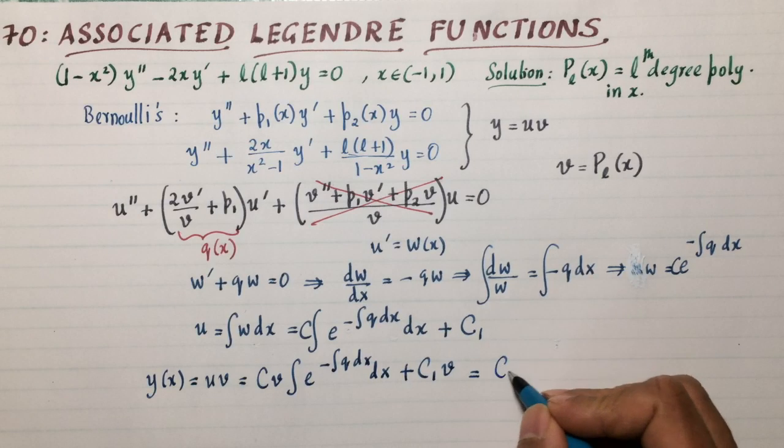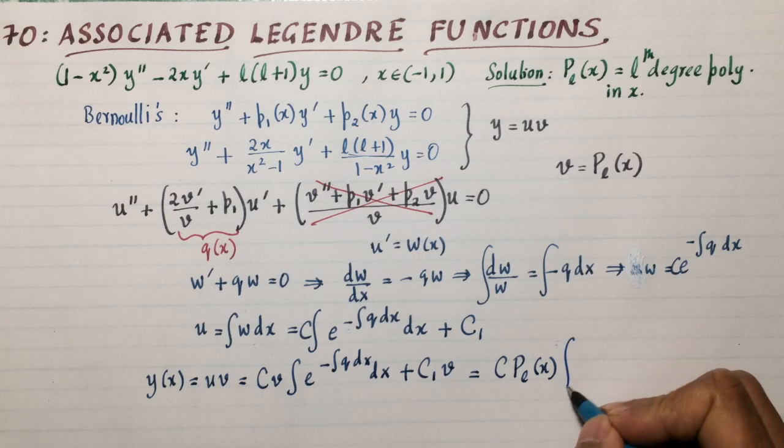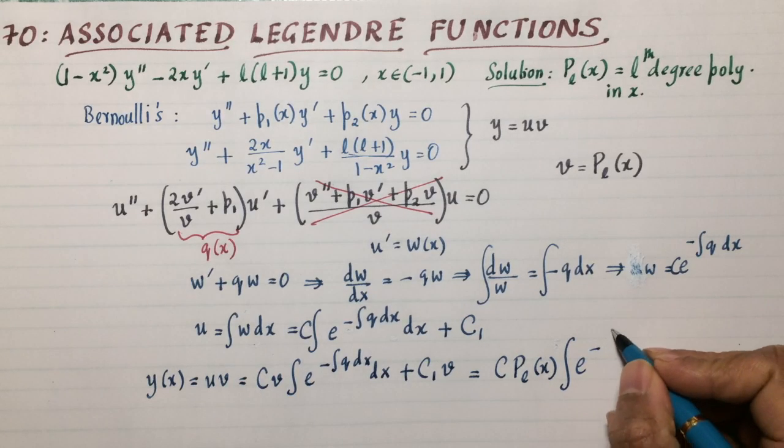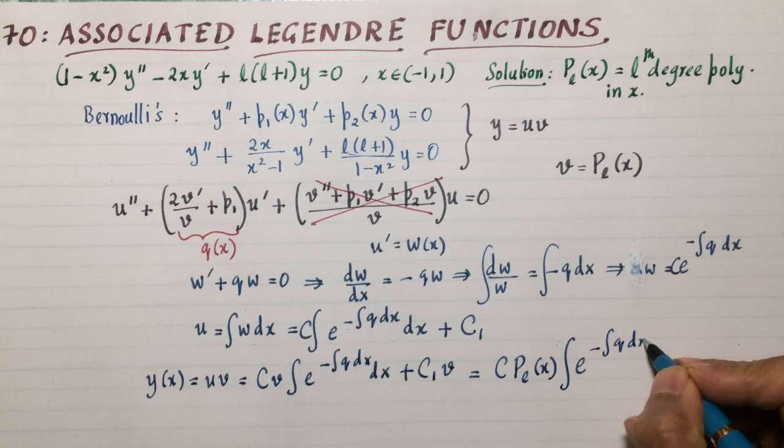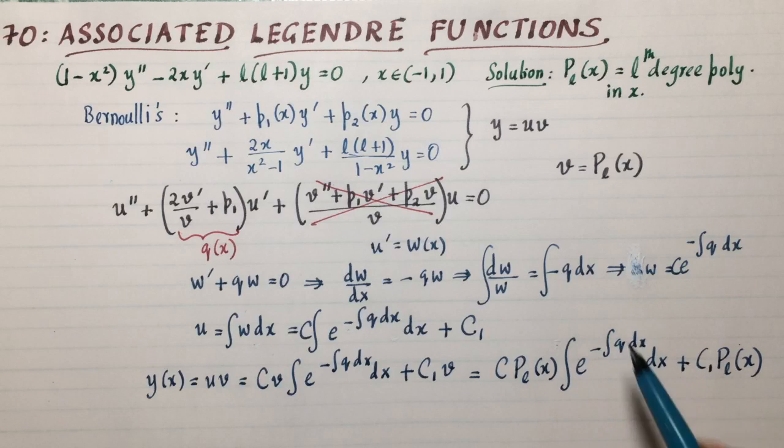So I get c PL x integral e to the minus integral q dx plus c1 PL x. So it looks like there's a PL x in both places, but there's this integral also.